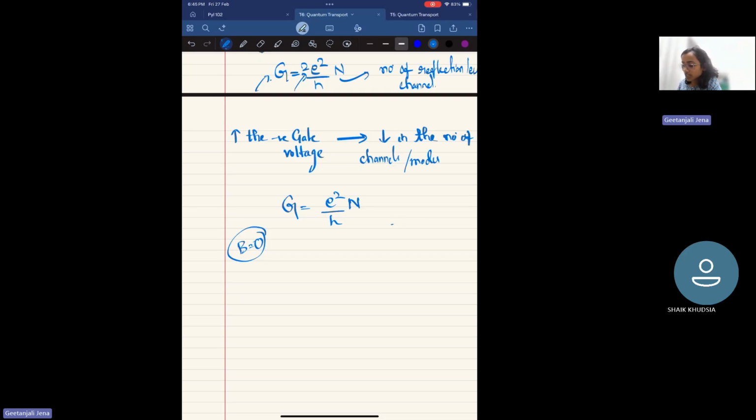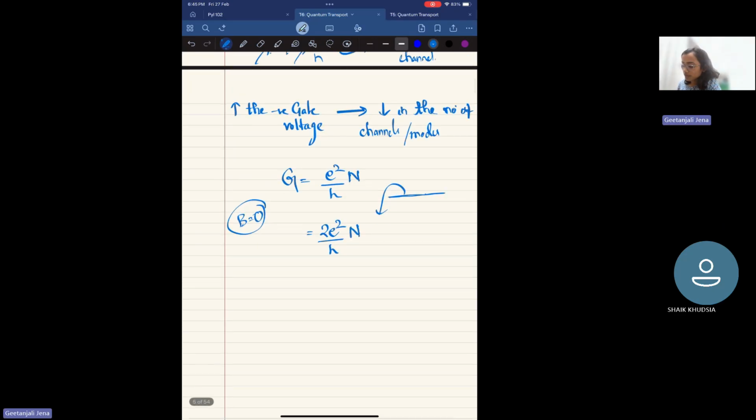They have the same energy and occupy the same energy level. That is why we say that the conductance of this level is now 2 e squared by h into N. But this is for spin degeneracy.